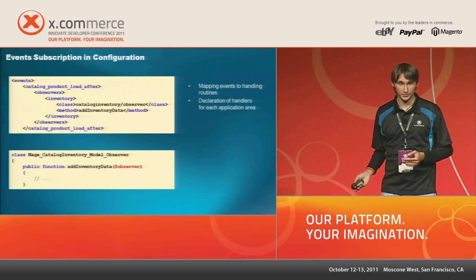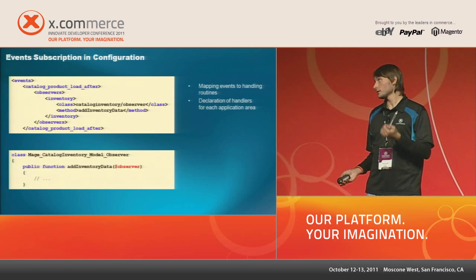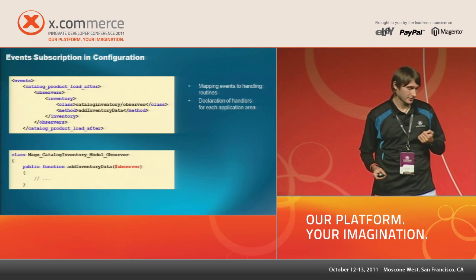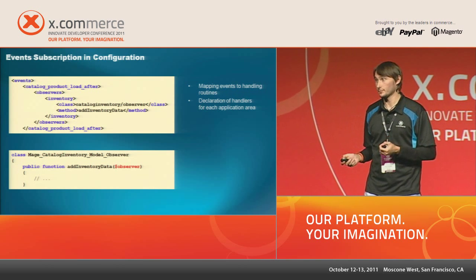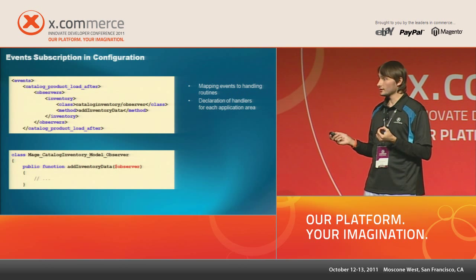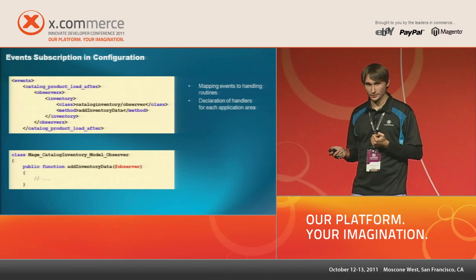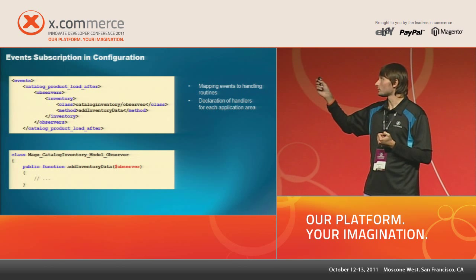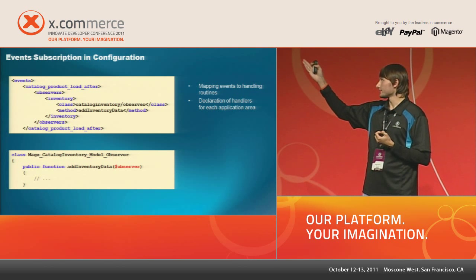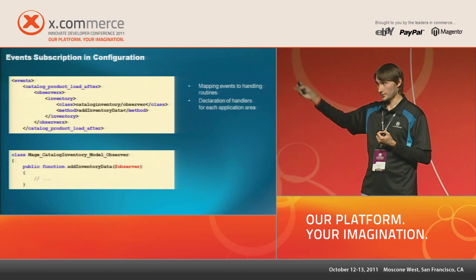Now you've got a subscription. So how can this convention over configuration principle help us here? By accepting two simple conventions, it releases us from writing these lines in XML configuration.